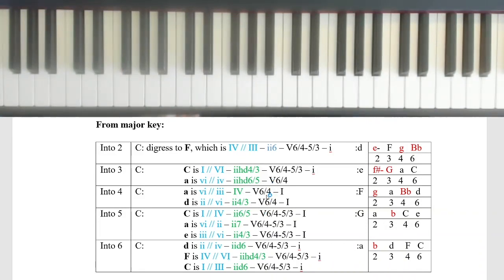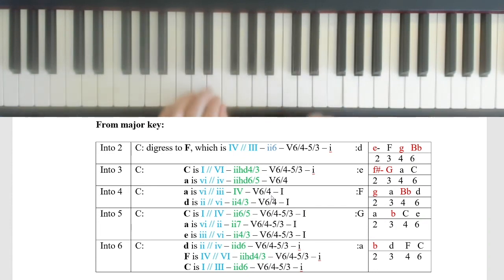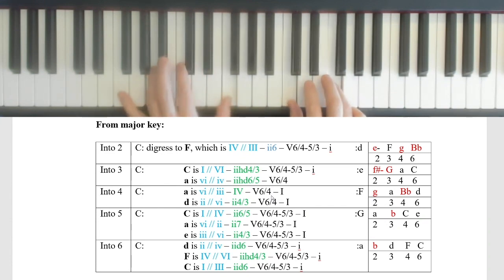So first we have to digress from C major to F major. And again, this is in video tutorial 3. See, this is, and now we are in 3 and it's expressed in the 6th chord, and we are heading towards this chord.